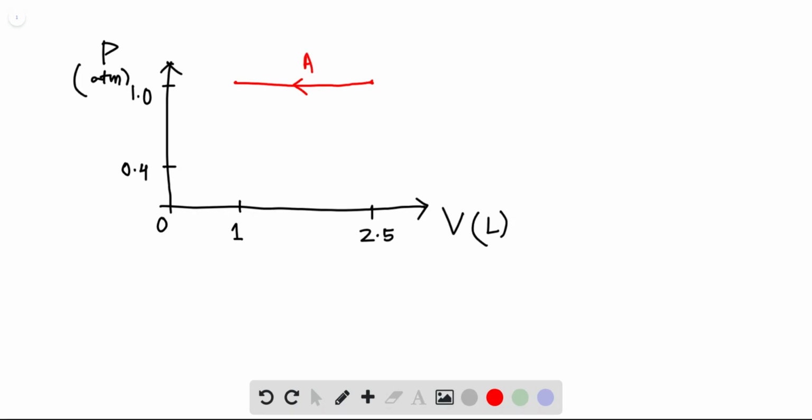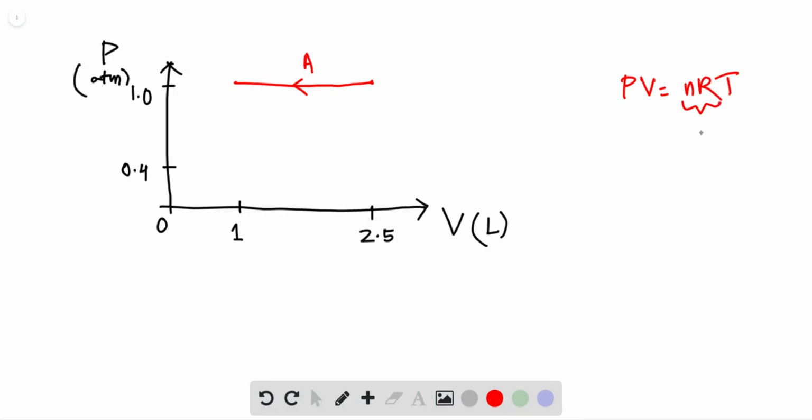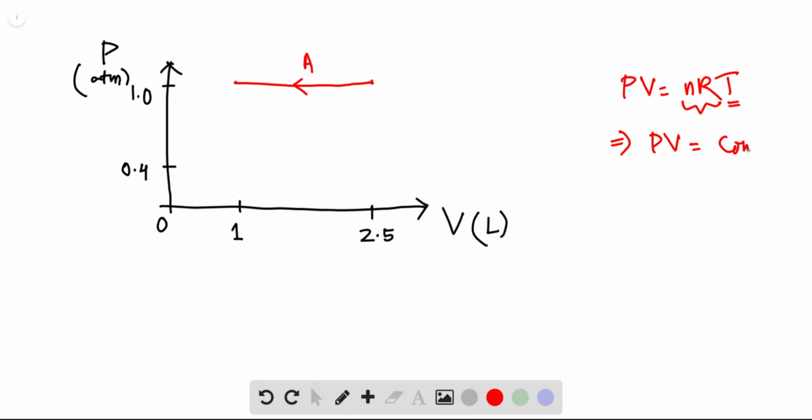Then we have isothermal expansion. In isothermal expansion, we know that the temperature is constant. The ideal gas law says that PV is equal to nRT, where n times R is a constant, therefore, when temperature becomes constant, like in the isothermal case, we have PV constant.